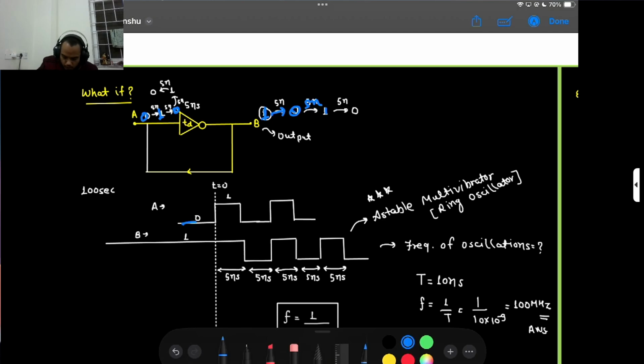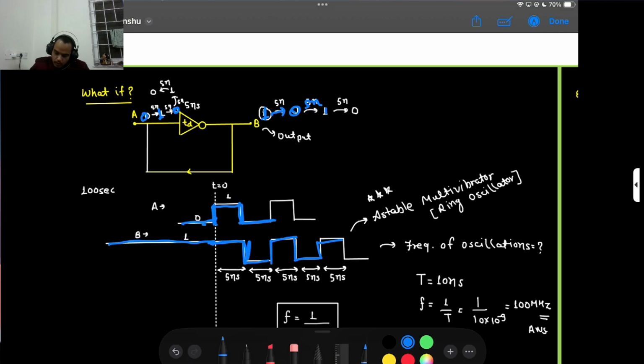When A changes from 0 to 1, the output changes after 5 nanoseconds, from 1 to 0, and when it changes again, that time also it changes after 5 nanoseconds, so it's a delay.